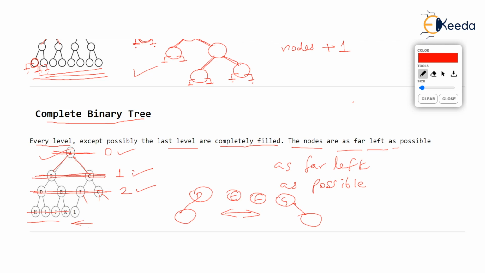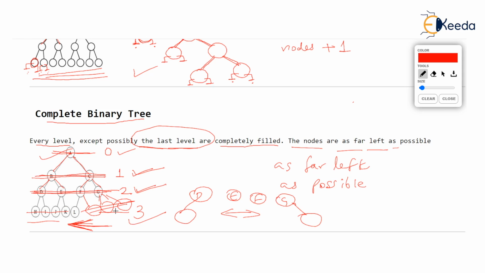At level 2 there can be four nodes and all four nodes exist, so it is also completely filled. But at the last level, that's what they say, the last level may not be completely filled, and it is really not completely filled because some of the nodes here are missing. But whichever nodes are missing are on the right hand side. We have filled the left, as far left as possible we have filled. Such a tree is known as a complete binary tree.